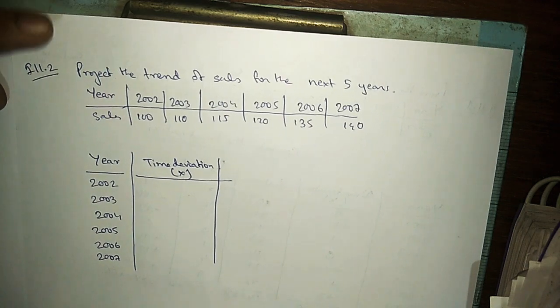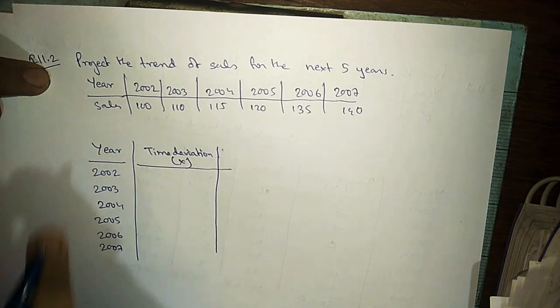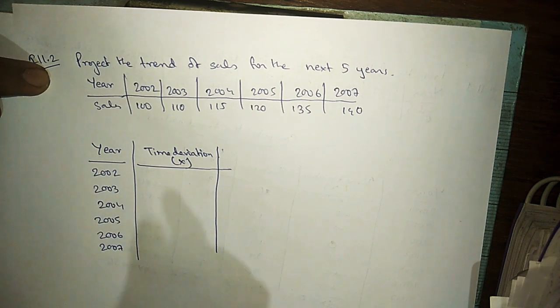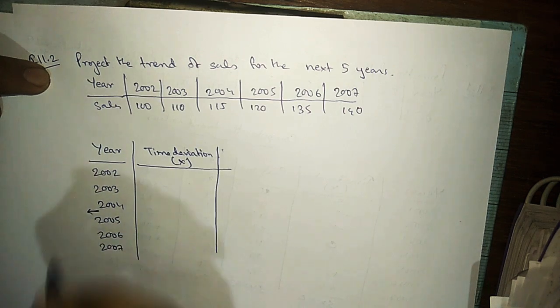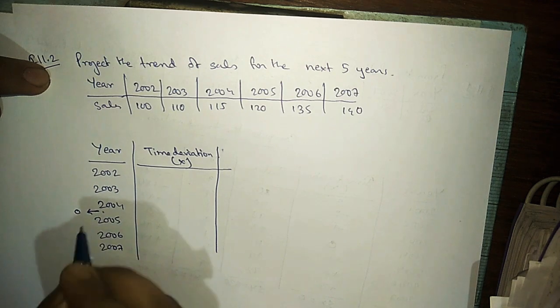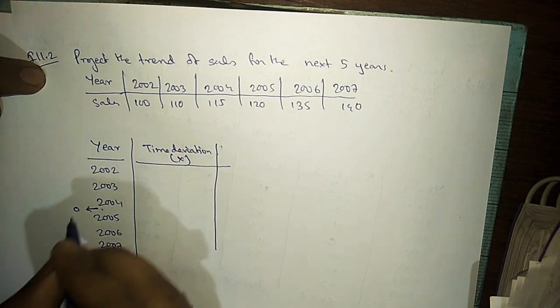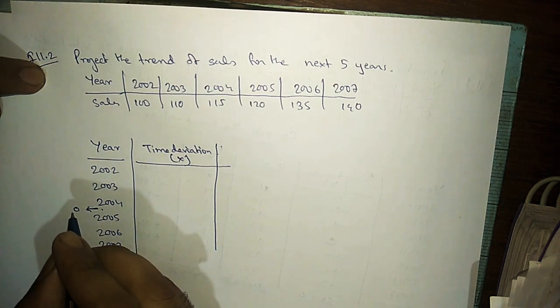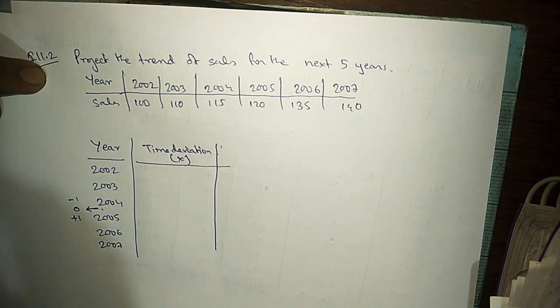In this case, if you try to find out the middle value, you can't, because the number of values is 6, which means you don't have any middle point. So over here, what you should do is make an imaginary middle point as 0 and start from over here, which means this will be plus 1, this will be minus 1.